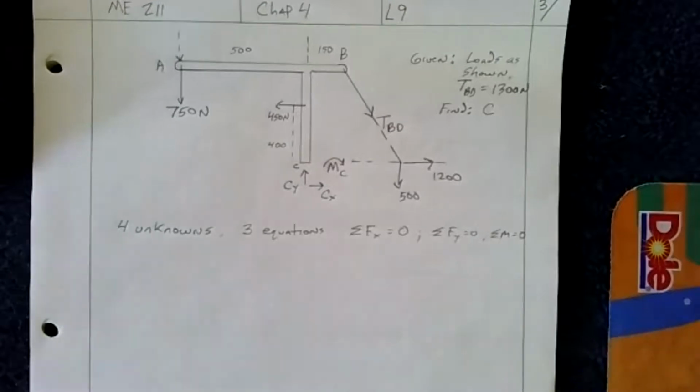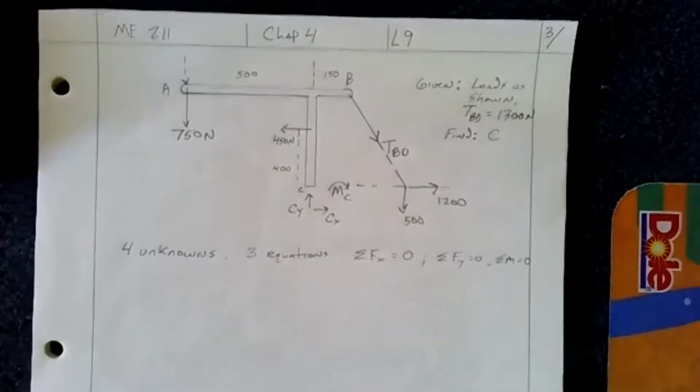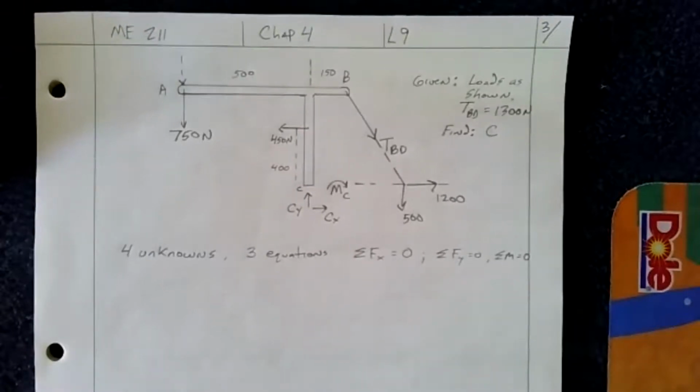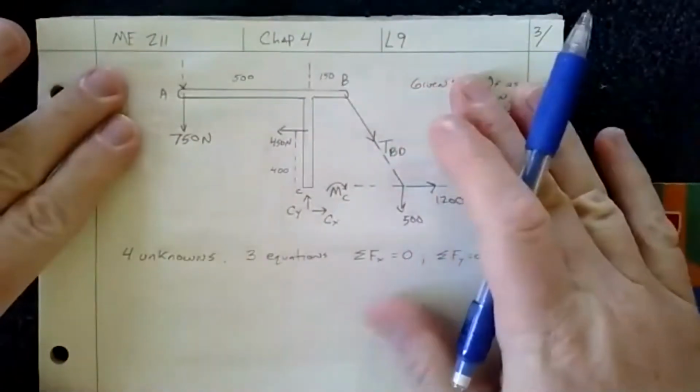So the first thing we're going to do is sum the moment about C. And that's a common theme with all the problems we're going to do throughout chapter 4: whatever point has the most unknowns, that's where you're going to take your moment about. That gets rid of it.